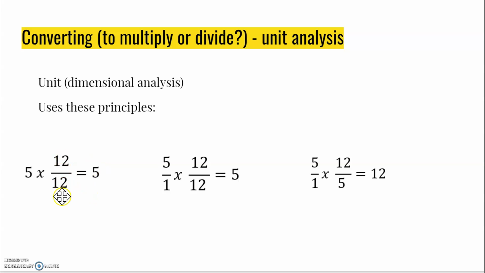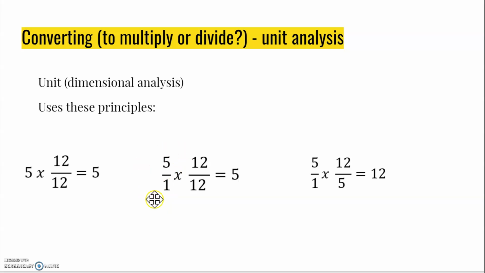So 12 over 12 equals 1. So I can always multiply by 1. So 5 times 12 over 12 gives me 5. Because here it is going to be the equivalent, because I really just multiplied 5 times 1 equals 5. Another principle that is used is that if the number is not in fraction form, like 5, we can always make it a fraction.